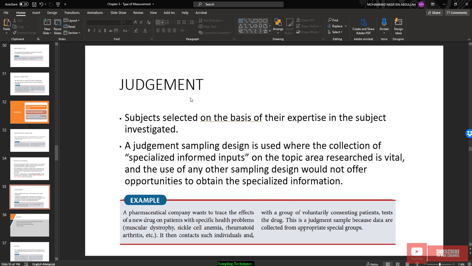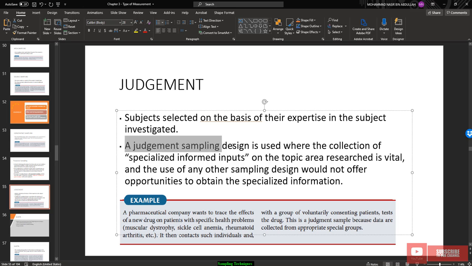So in judgment sampling technique, the elements are selected on the basis of their expertise in the subject investigated. A judgment sampling technique is used where the collection of specialized, informed input on the topic area researched is vital, and the use of any other sampling design would not offer opportunities to obtain the specialized information. Right. Let's look at an example.